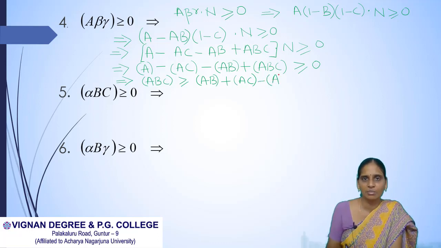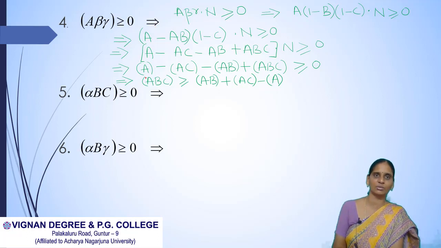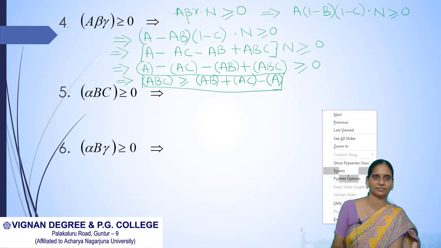So this is minus frequency of A. And the fourth condition is frequency of A beta gamma is greater than or equal to 0. Then we get frequency of ABC is greater than or equal to frequency of AB plus frequency of AC minus frequency of A. So this is the fourth consistency condition.